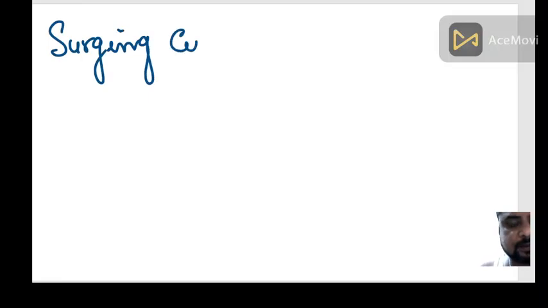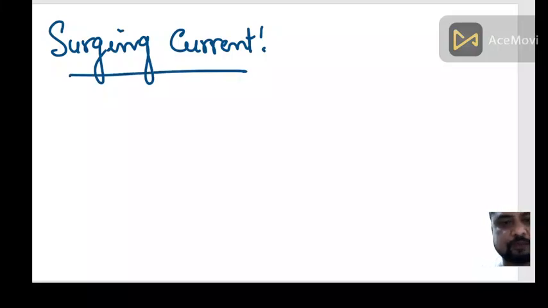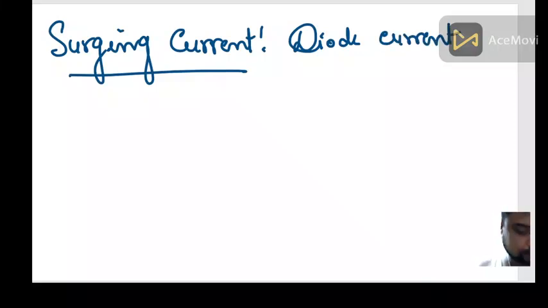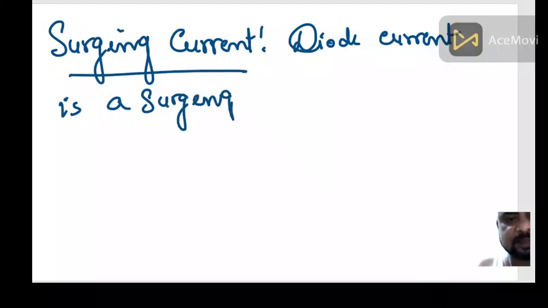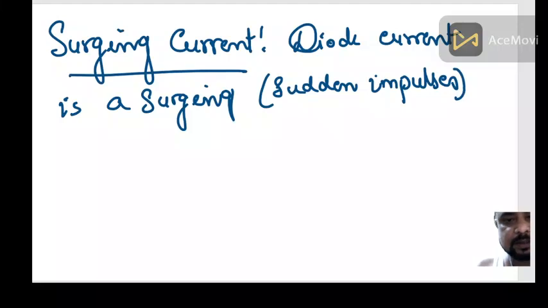Now there is a term called the surging current. Surge means sudden flow of current. So the output diode current is a surging current. Surging means sudden impulses.